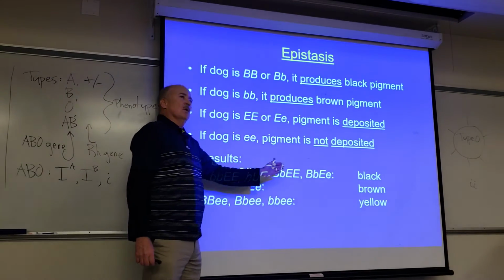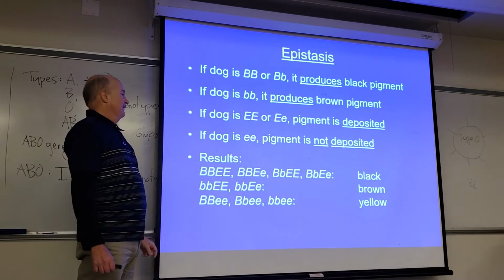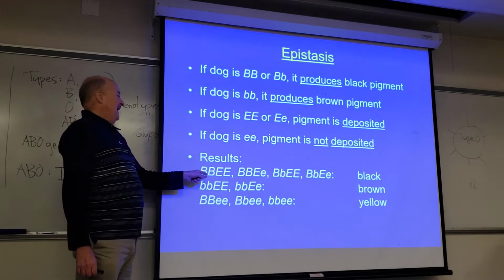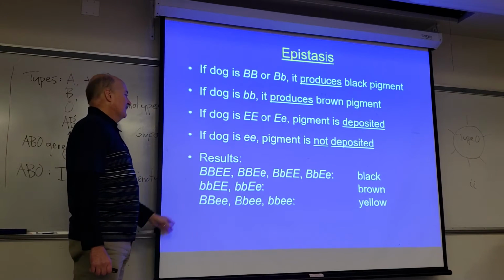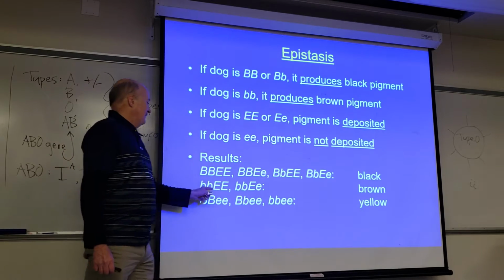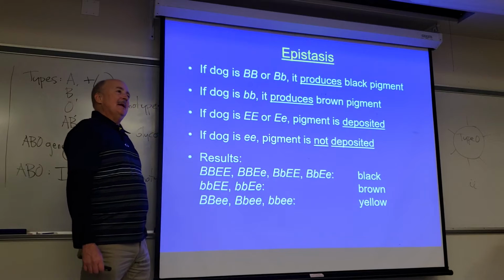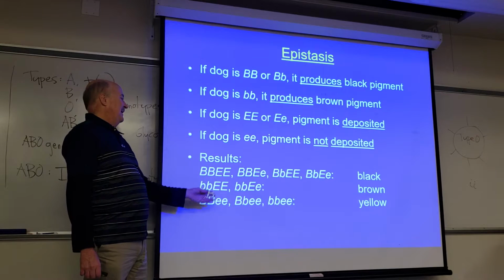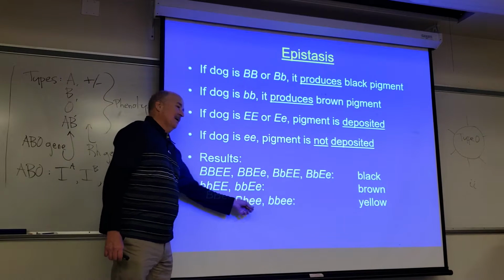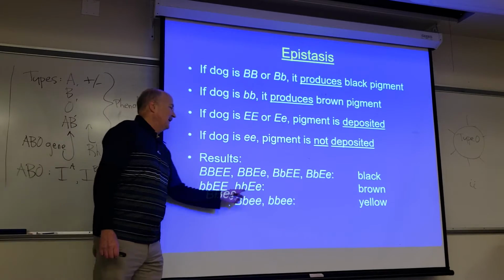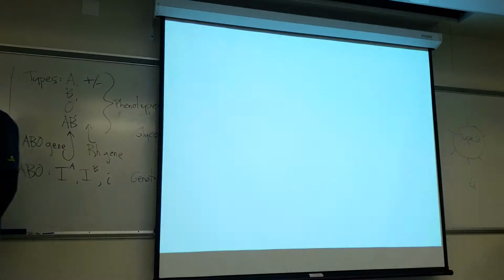And in that case, those are all different ways to make a black dog. It's making the black pigment and it's placing it in the hair. The brown pigment happens if we've got little b, but some capital E, one or both. And then yellow happens anytime it's little e. Doesn't matter what gene B was doing.